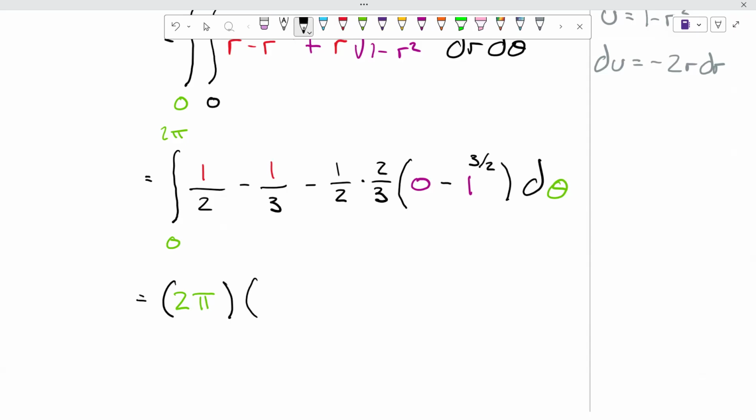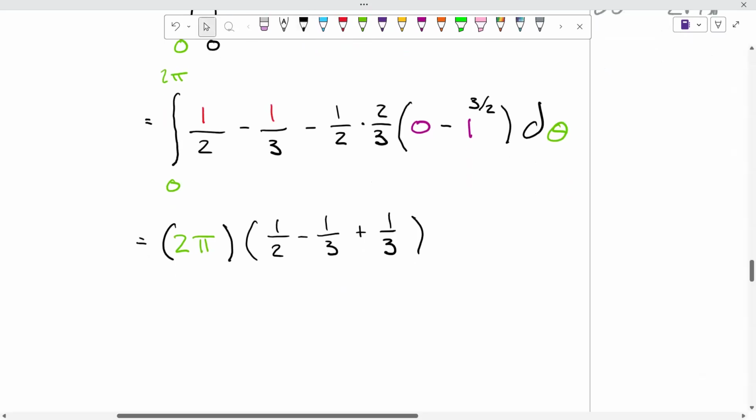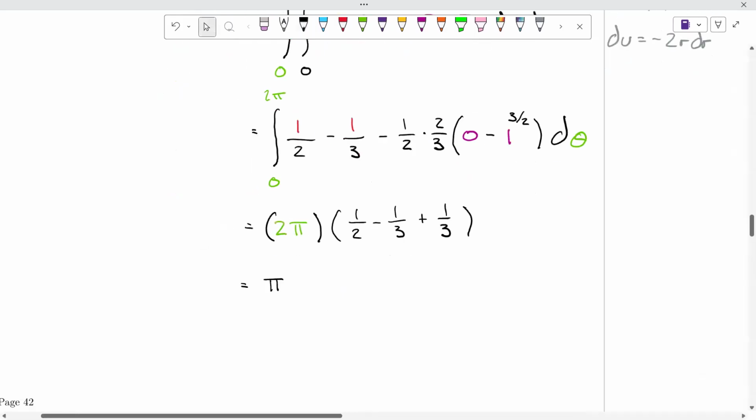Then I've got a 0 minus 1, which is -1. -1 times -1/3 becomes +1/3. So I'm looking at 1/2 minus 1/3 minus 1/3 plus 1/3 for that third part, which simplifies to just 1/2. 1/2 times 2 pi is pi.